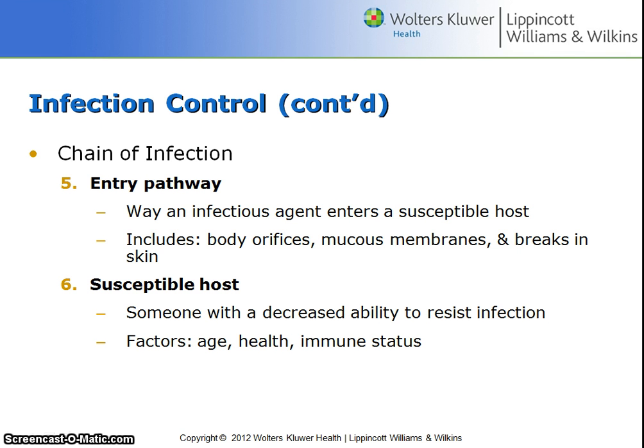Most commonly associated with cancer patients on chemotherapy. Stuff like that will really reduce a person's immune system. Other natural factors include age, a person's health, and, of course, immune status.